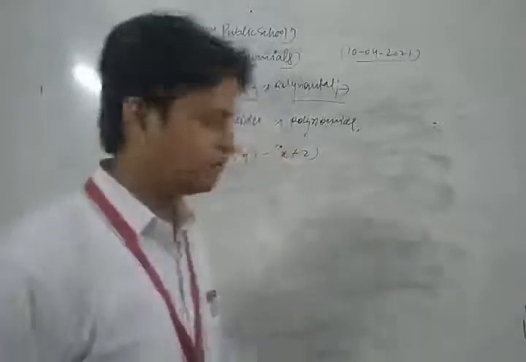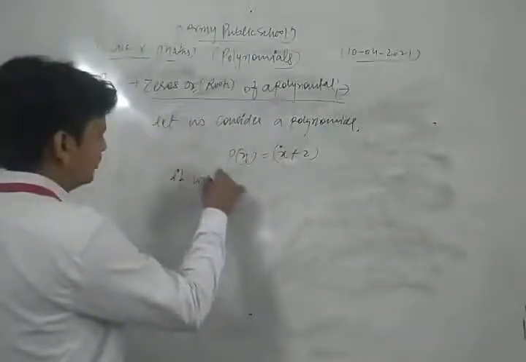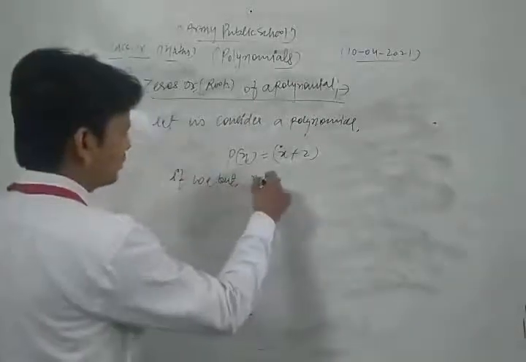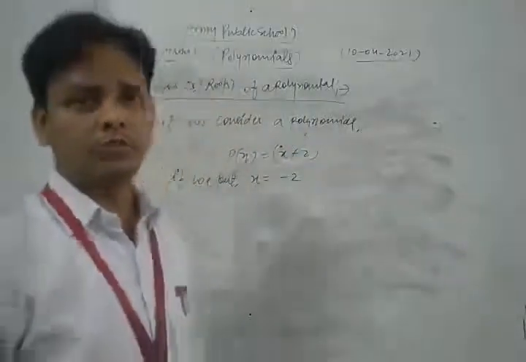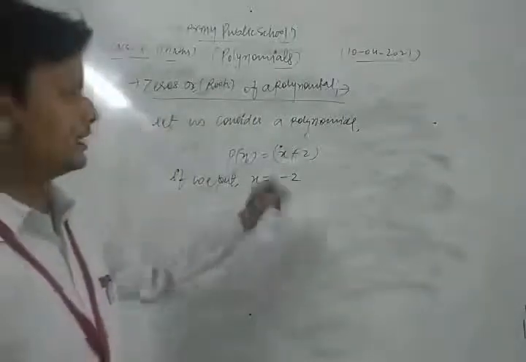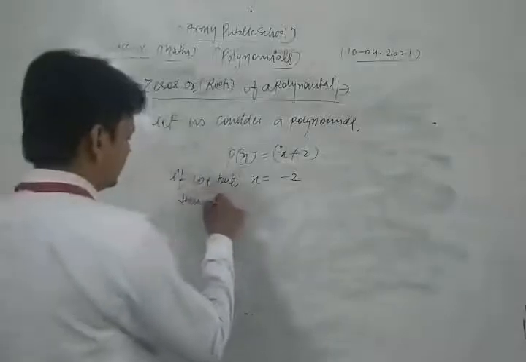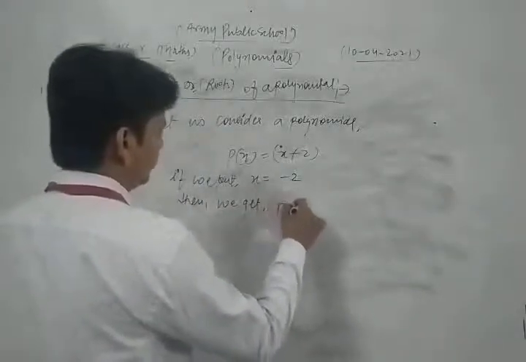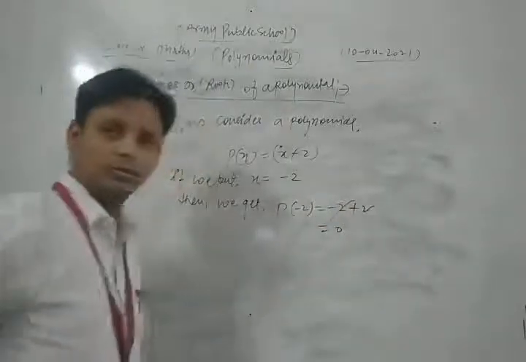Dear students, suppose we put x is equal to minus 2. Then we get p of minus 2, which means minus 2 plus 2, that is 0.